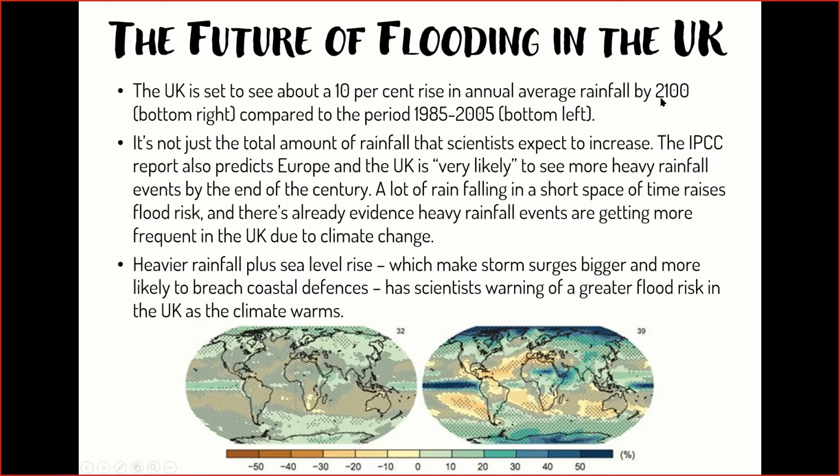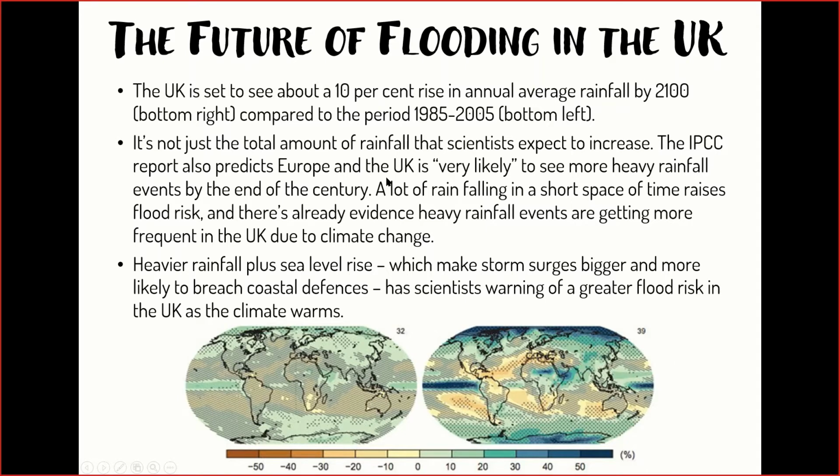By the end of this century, the UK is expecting to see a 10% rise in the average annual rainfall compared to what we saw from like 1985 to 2005, which is this image here. Basically, the darker blue, the more rainfall is going to happen. So you can see that global distribution linked with climate change. It's not just about the total amount though.